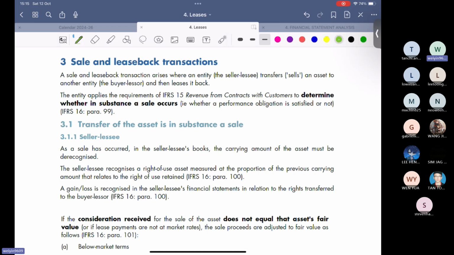So when you have a sale, because you must dispose of it now, the entity must apply the requirement under IFRS 15 to determine whether in substance a sale occurred, meaning whether a performance obligation is satisfied or not, right?